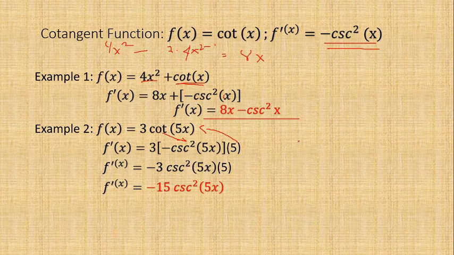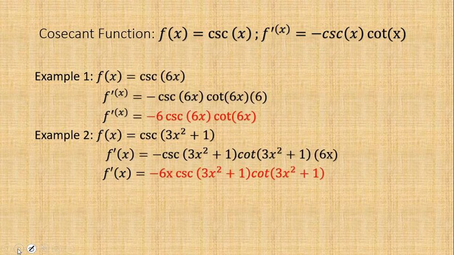Okay, don't forget to derive 5x. Then, simplify: negative 3 cosecant squared 5x times 5. Then combine 5 and 3, multiply. 5 times 3 is 15, negative 15 cosecant squared 5x.